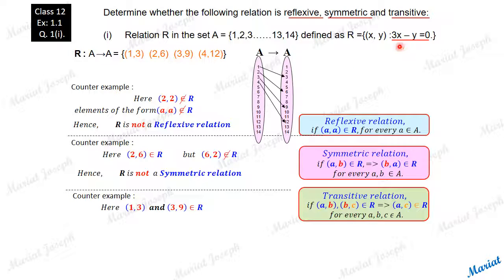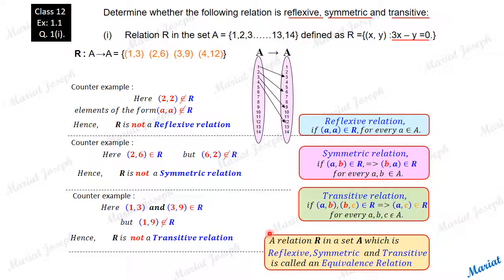Because x equal to 1 and y equal to 9 will not satisfy this. That's why the pair (1, 9) was not taken. So we mentioned that though we have (1, 3) and (3, 9) in the relation, the element (1, 9) is absent. It goes against the definition of transitivity, which acts as a counterexample now. So we conclude this relation is not a transitive relation also.